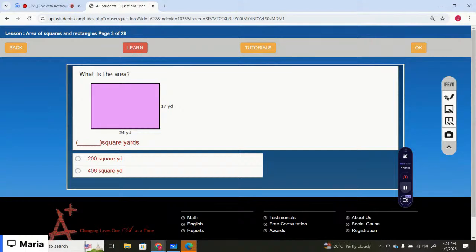What is the area? Which is the correct option?